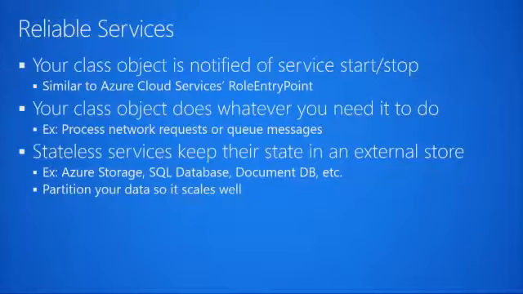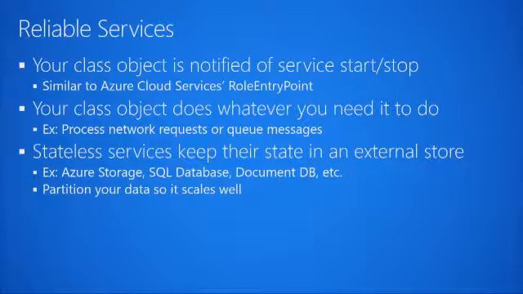Now, your services typically do one of two things, or possibly they do both, but usually they do one or the other. Typically what your service does is it can go and create some listeners, like an HTTP listener or a TCP listener, and then it is listening for network requests to come into the service. And then when the network requests come in, they do their processing and they return results.